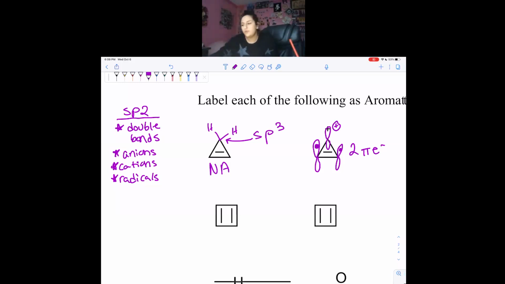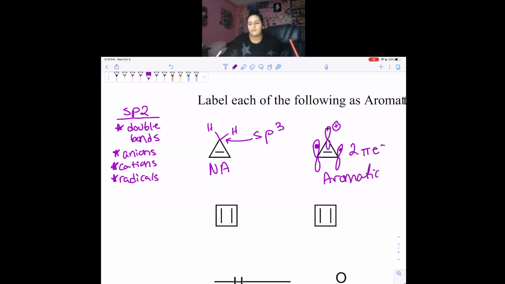And so is that under aromatic or is that under anti-aromatic? What do we think? Aromatic. Yes, I agree.